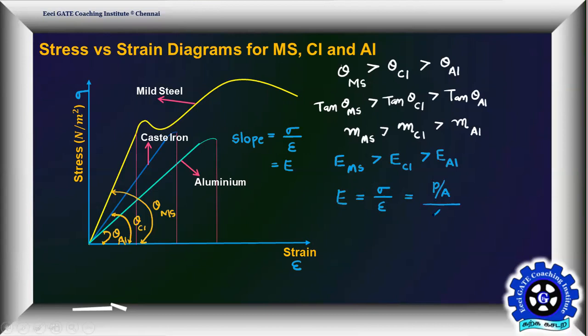Strain is delta L by L. So then we can say E equals P L by A into delta L.